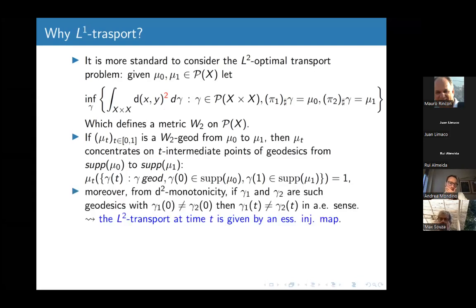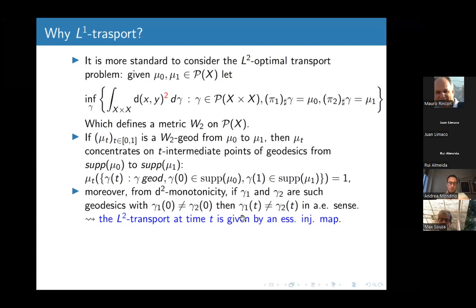However, what happens is that even if you have a map which tells you where to go at the final time and also at intermediate times, it may happen that the geodesics which are performing the transport may cross at some intermediate time.